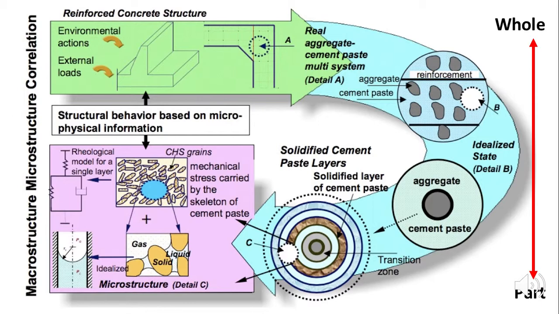All the actions of the environment are being felt by this big structure. So the loads and environmental actions are then extended to the material itself, to the respective constituents of concrete, the mortar and aggregate composite.